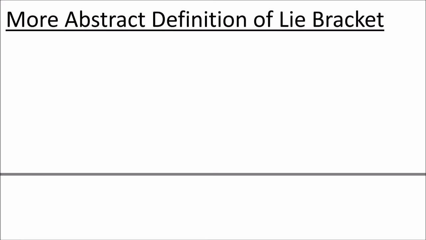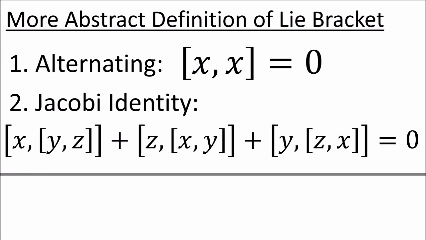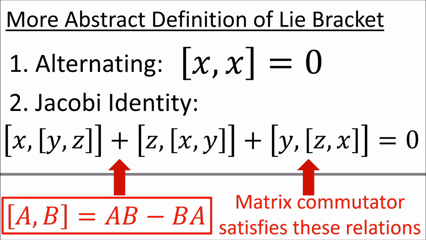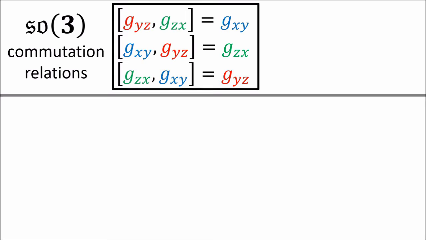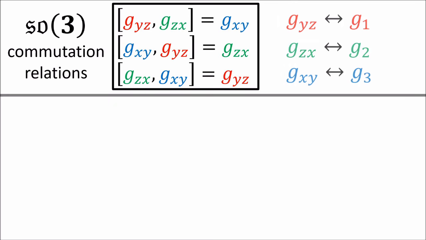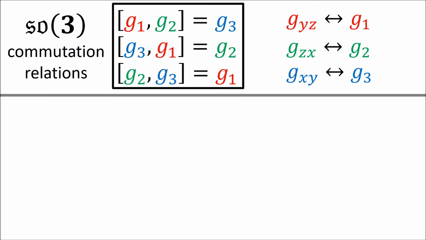In some more abstract books, you might see the Lie bracket defined like this, using the alternating and Jacobi properties instead. But the matrix commutator satisfies both of these properties, so the matrix commutator is a valid Lie bracket. To discuss these SO3 commutation relations further, I'm going to rewrite our SO3 generators as G1, G2, and G3.